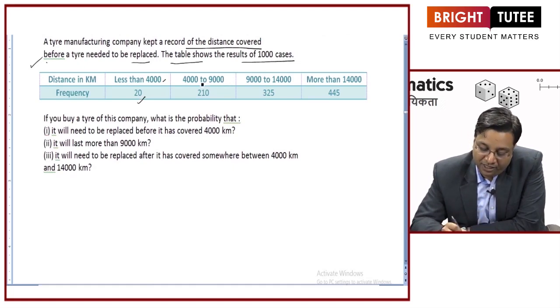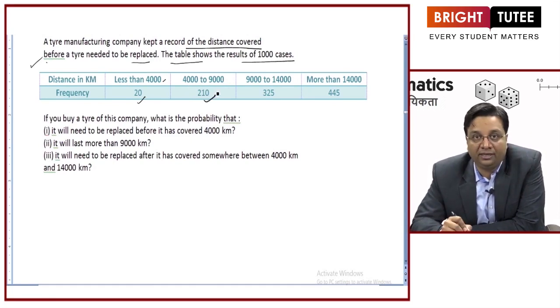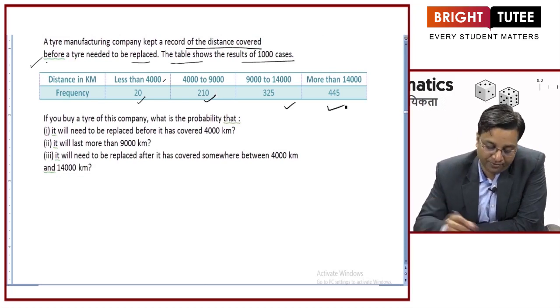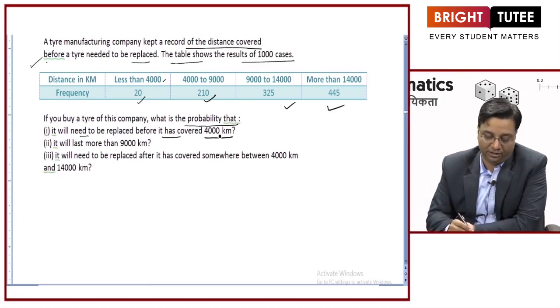And when the vehicle was driven 4000 to 9000 kilometers, it was 210 times that the tire needed to be replaced, and so on. If you buy a tire of this company, what is the probability that it will need to be replaced before it has covered 4000 kilometers?